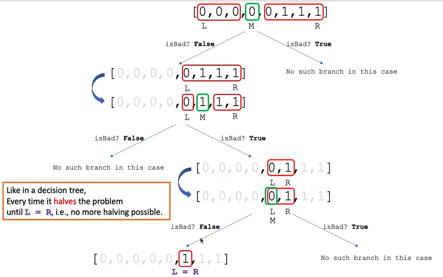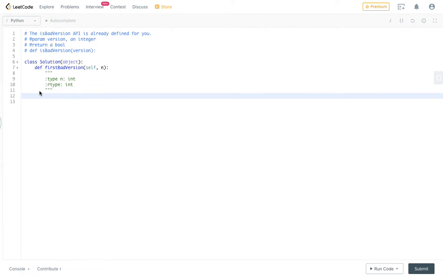Finally, we reduce it to just 1 element, and in this step, the left and right are the same. So when left and right are the same, we can return either of them as our answer.